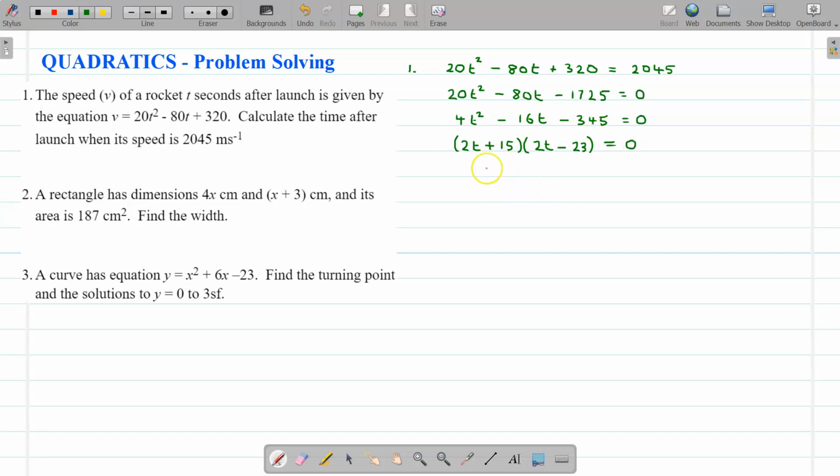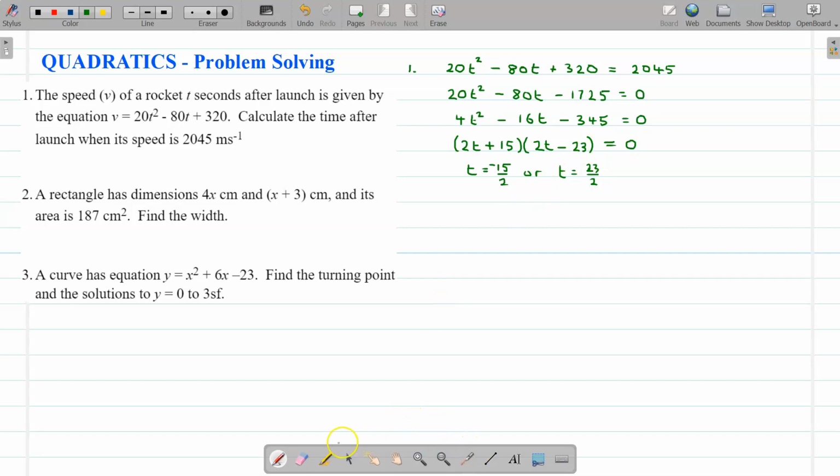Okay, the first one is that t equals negative 15 over 2, okay, or negative 7.5, and the other one is that t equals 23 over 2, which is a positive number. Okay, 23 over 2, or 11.5.